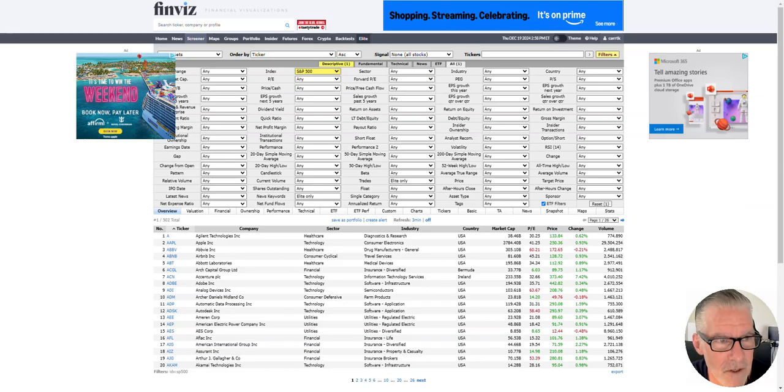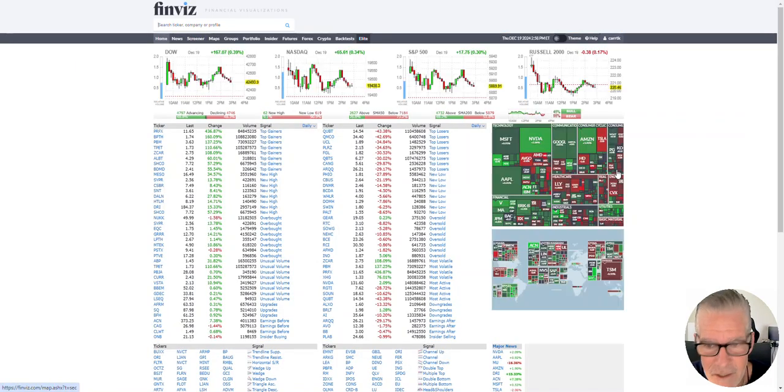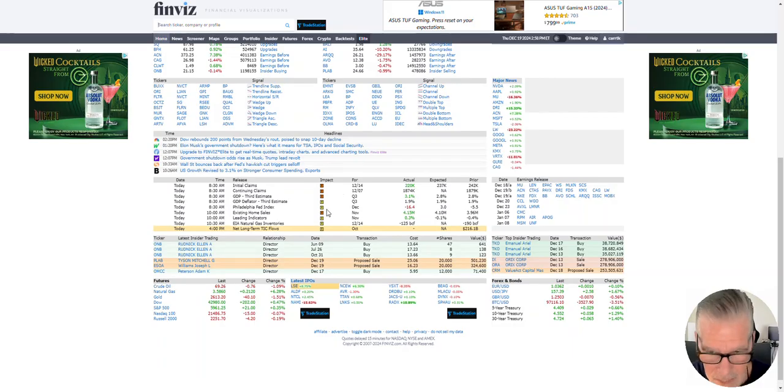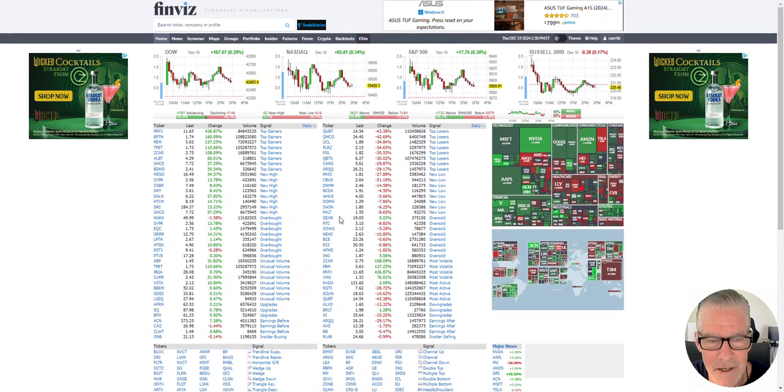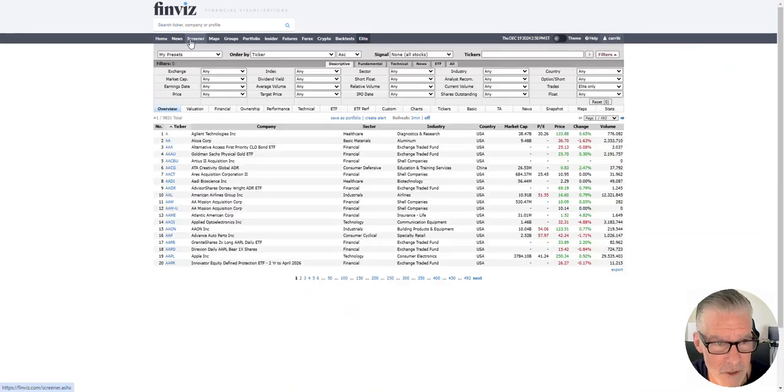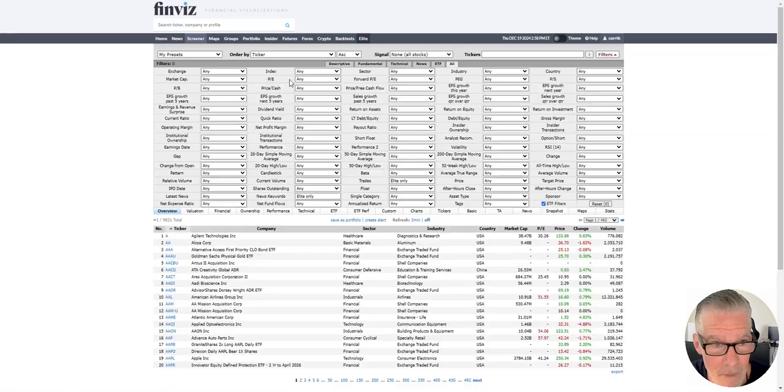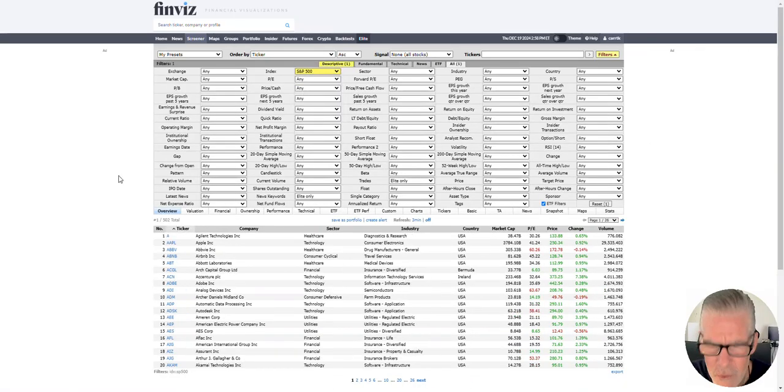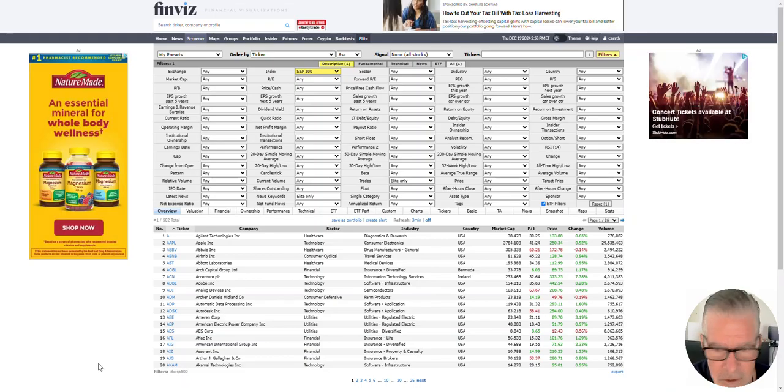In fact, if you go to the homepage, you're going to get all kinds of cool stuff, including a heat map. You're going to get the economic data for the day, what stocks are reporting earnings, insider buys, and on and on. What I like to do is go to the screener and click on the S&P 500, and I do one simple thing to find the market's strongest leaders right now.